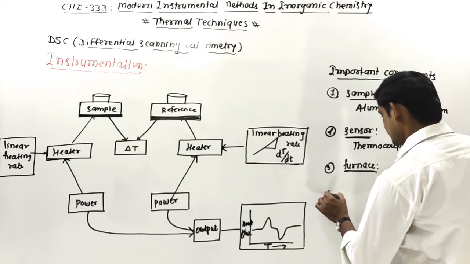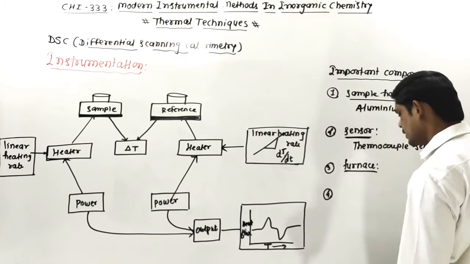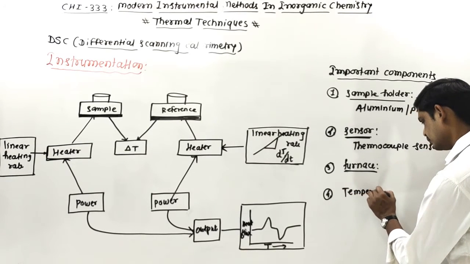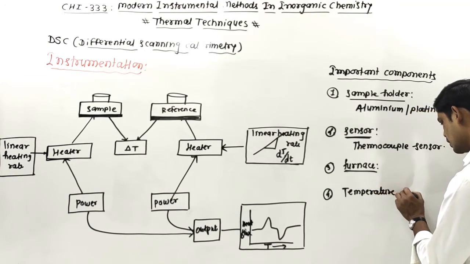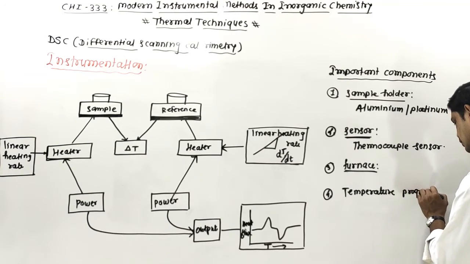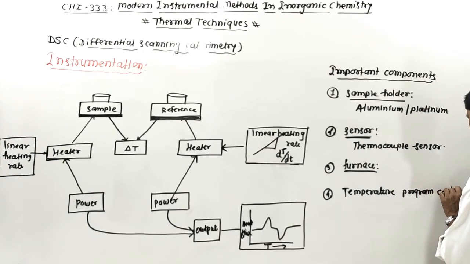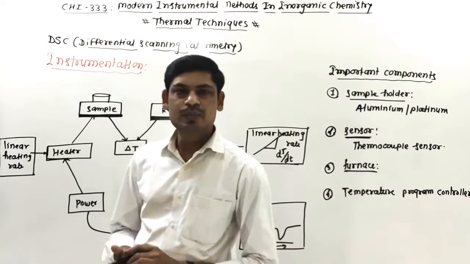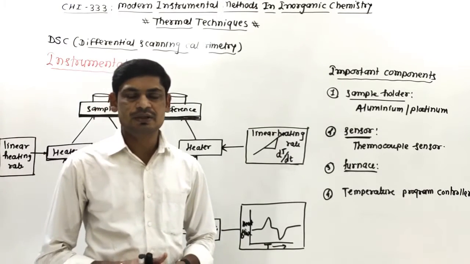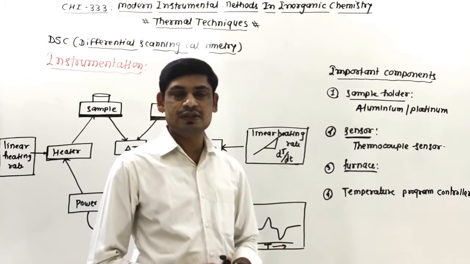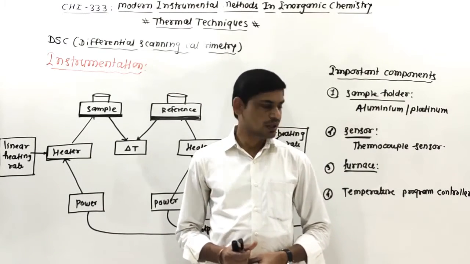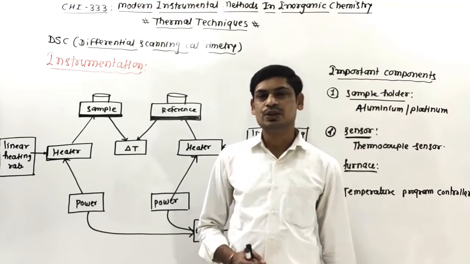Our next fourth important component is temperature program controller. Again, depending upon the type of a differential scanning calorimetry, either power compensation or the heat flux DSC, the role of the temperature program controller is a different one.